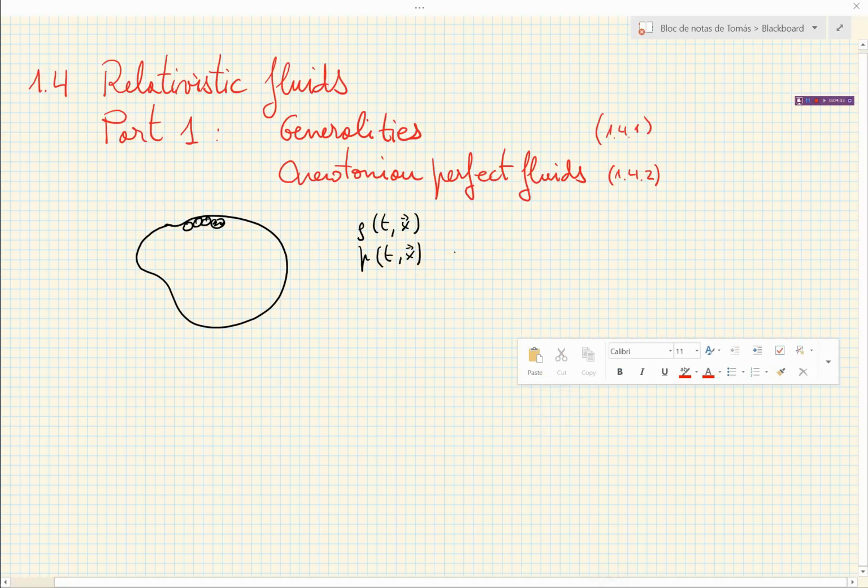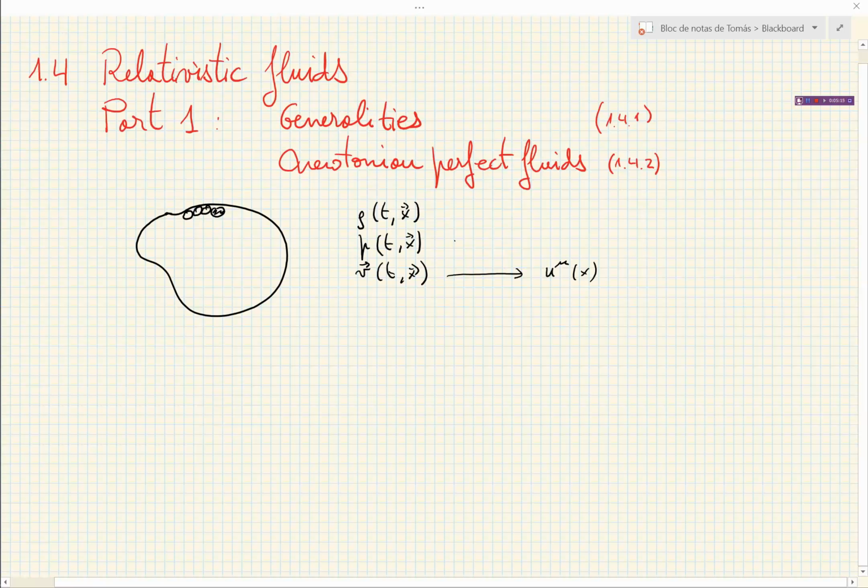This flow is the result of the organized motion of the different fluid elements. This is a description of very extended applicability, just as thermodynamics, as long as the conditions under which it is a good approximation are met, just as in the case of the point particle.